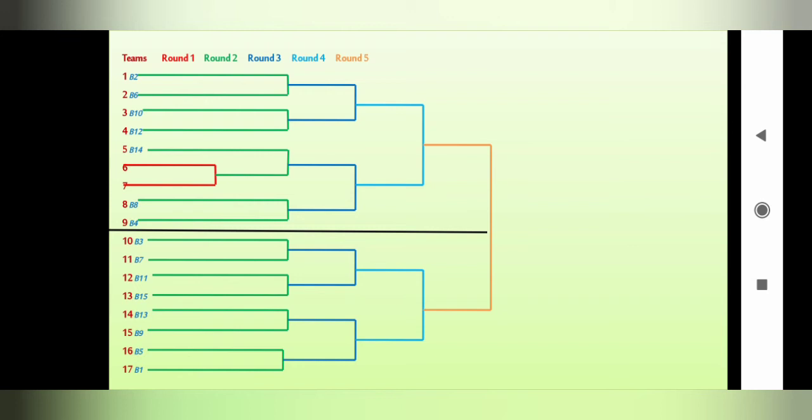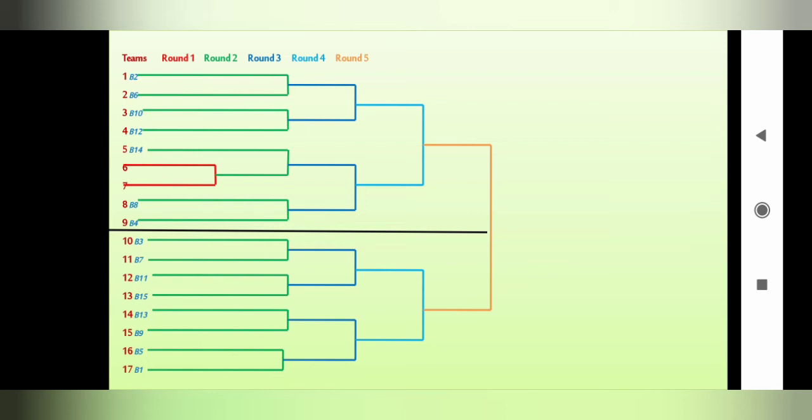Then the third bye we give in the lower half to team 10. Then bye 4 we give in the upper half to the last team of that half, team 9. Then we continue distributing all the byes with the same process. Okay, then we conduct the rounds.